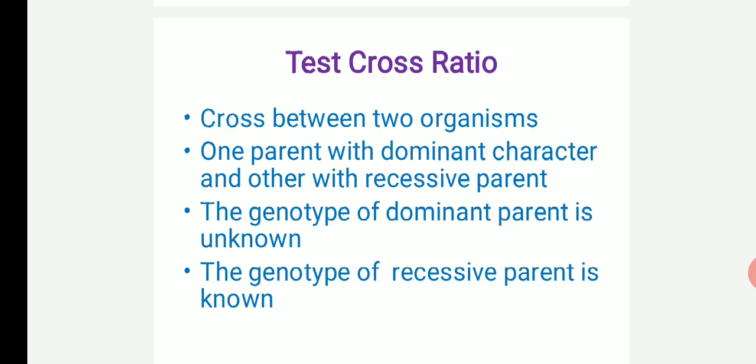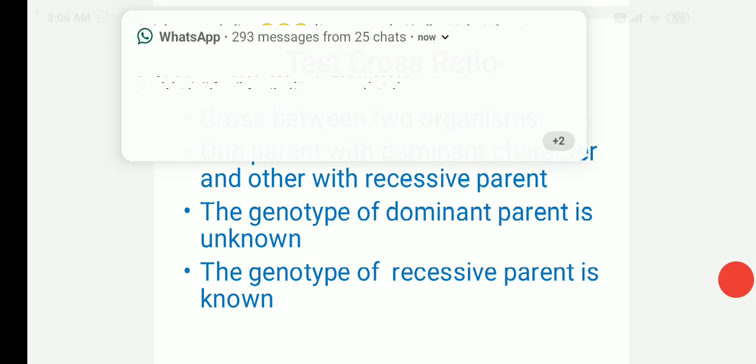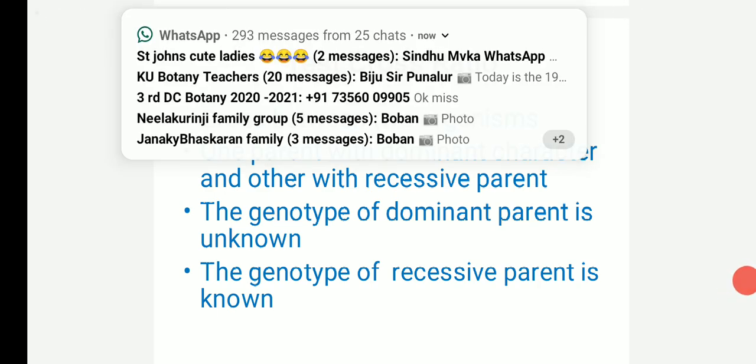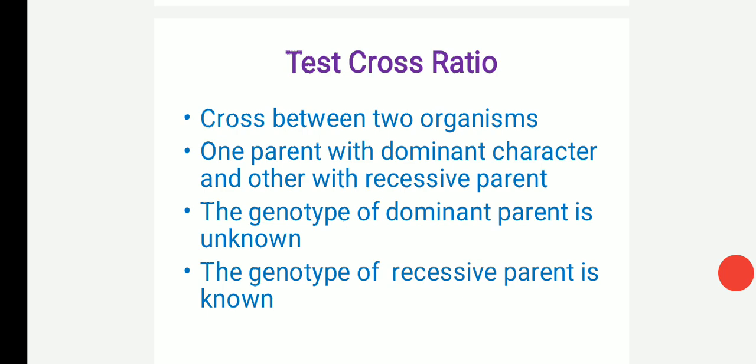is true breeding. So here in the F1, even though two homozygous parents are crossed, one homozygous dominant and the other homozygous recessive in a monohybrid cross, in the progeny we get only those with the dominant character.